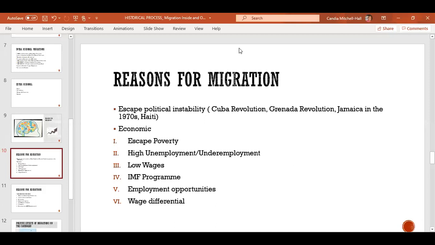So we know for sure that underemployment happens in the Caribbean. Most of those people now move to Canada. So underemployment happens. You have maybe persons who have their PhDs in the Caribbean.